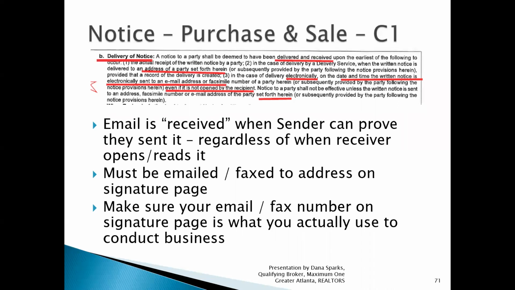They don't get it till tomorrow. Well, the buyer's due diligence period expired tonight. Even though the receiver doesn't open it until after that deadline, it is considered received by the contract when I, as the sender, can prove I sent it at 11:59 p.m. Here's my email with the date and time with the attachment referenced. Text can be readily tracked and dated and proven, but all parties still have to accept and sign.